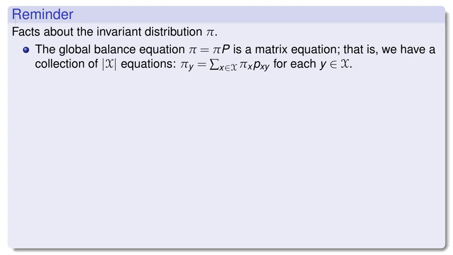Specifically, for each state y in script X, we have Pi sub y equals the sum over all x in script X of Pi sub x times P sub xy. Note that the size of this collection is the cardinality of script X.